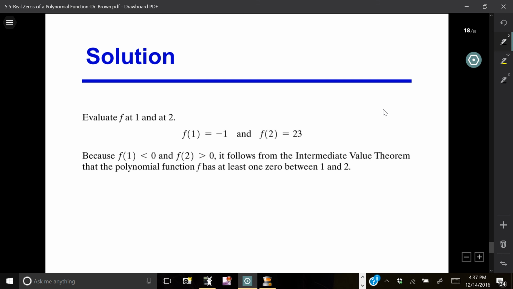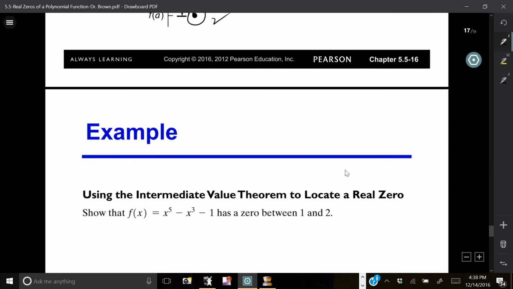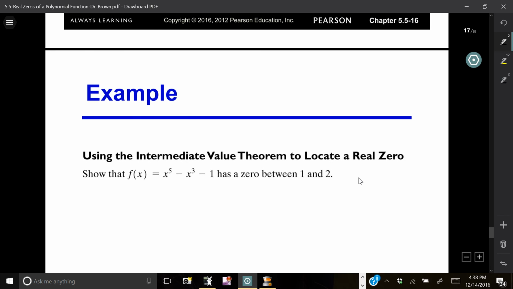So what you do, take f of 1, which is equal to 1 to the fifth minus 1 cubed minus 1, equals 1 minus 2, equals minus 1.